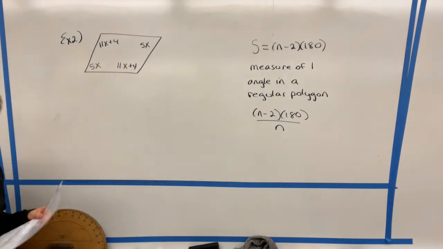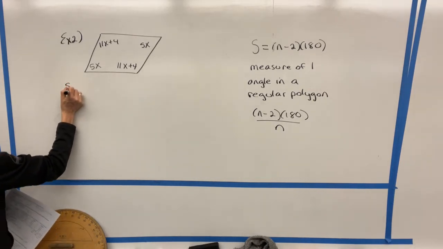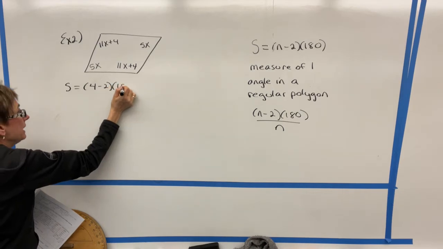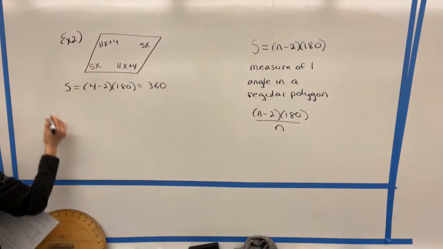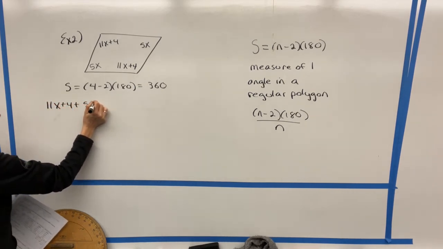So we want to think about what we know about this situation. We can see that we have 4 angles or 4 sides. So we know the sum has to be 4 minus 2 times 180, or 2 times 180, or 360. So all of these angles have to add up to 360.